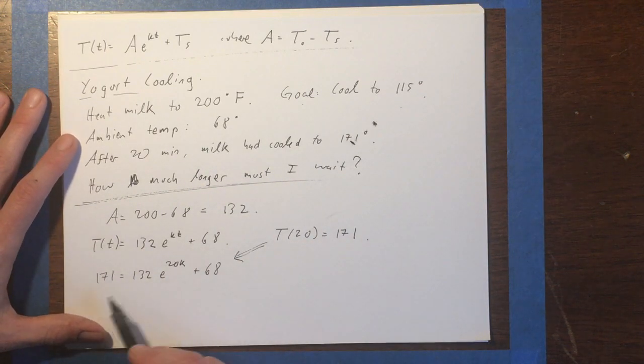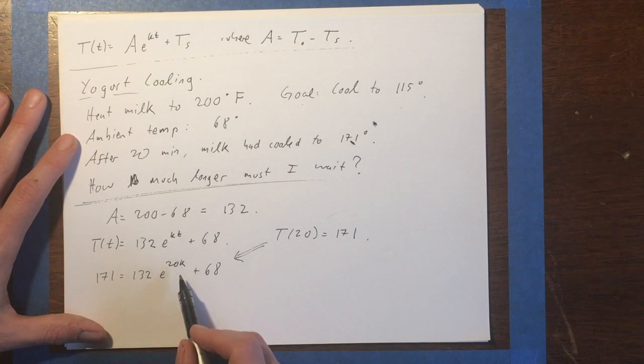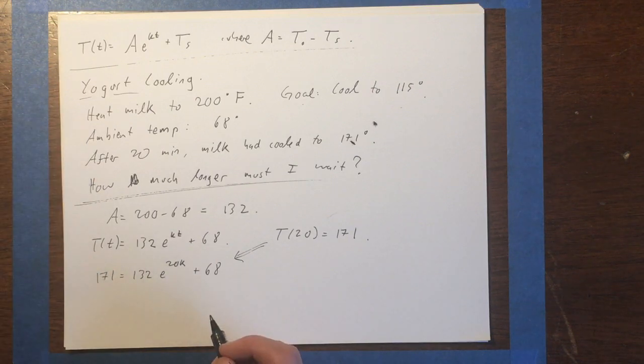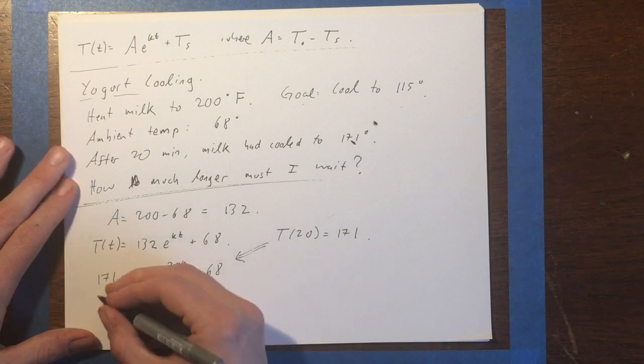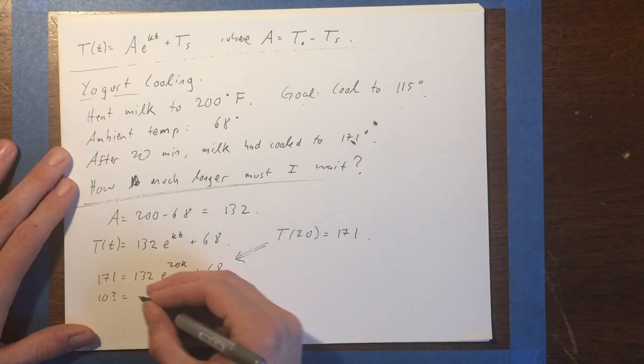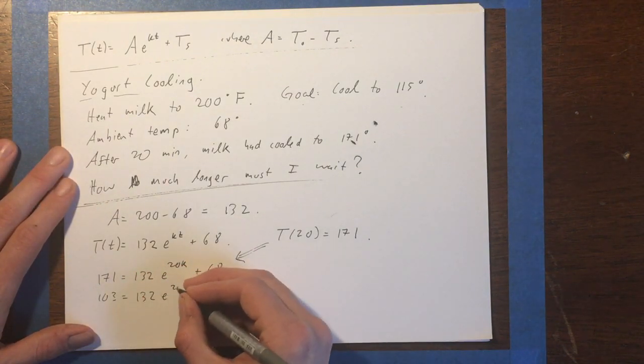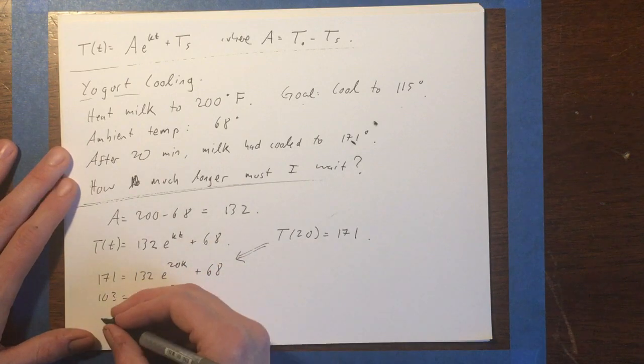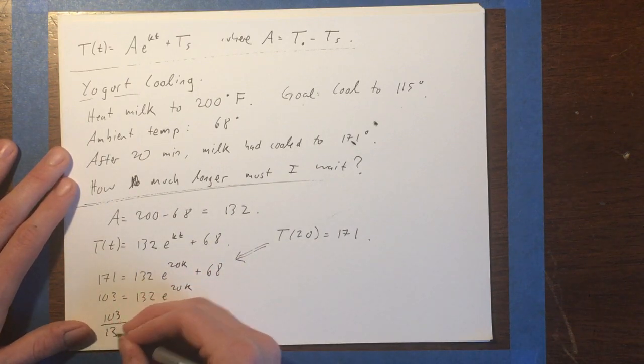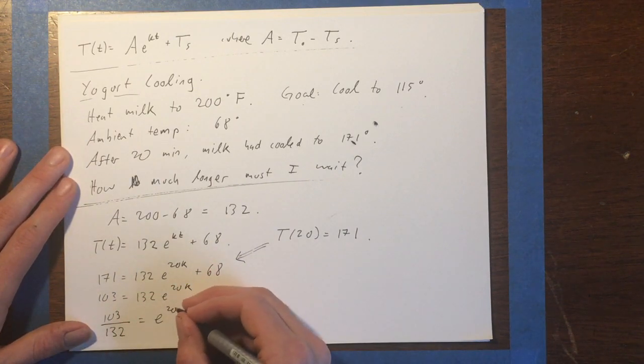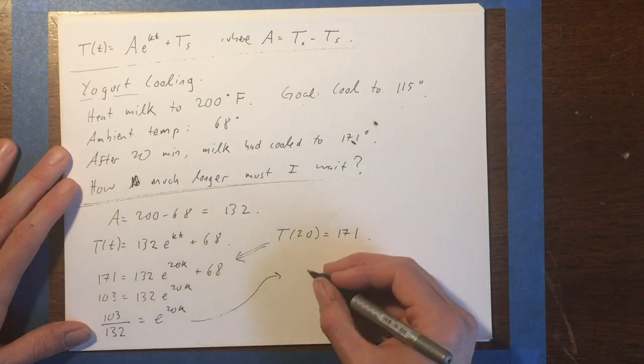So now I can solve this for my k. Let's subtract the 68. So I'm going to get 103 equals 132 e to the 20k. Divide both sides by the 132. We get e to the 20k. Then we'll do a natural logarithm.